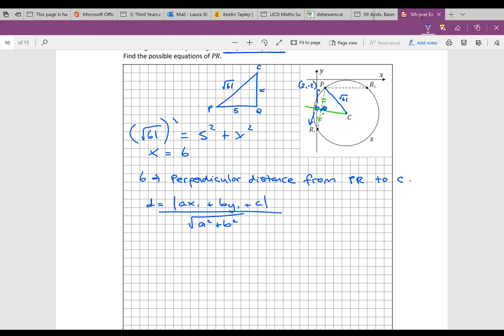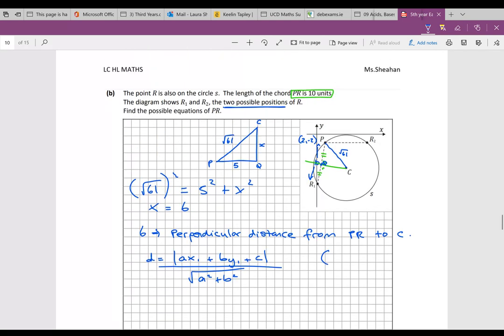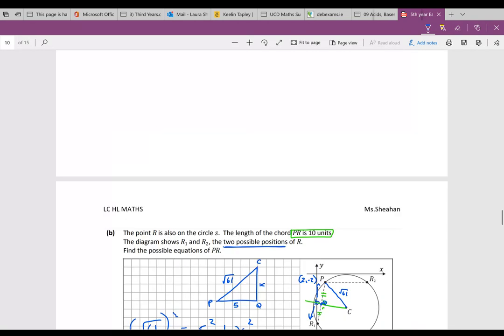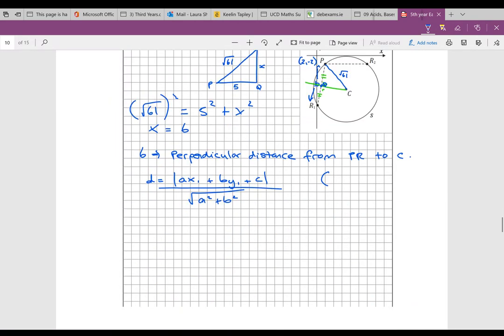So I know my point C, let me remind myself, which is (7, -8). That's my x1, y1. But I need an equation of PR.